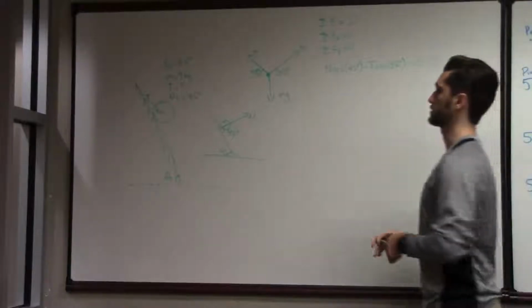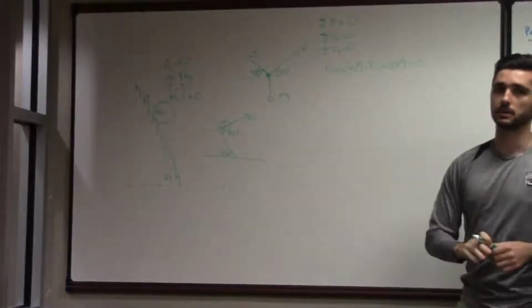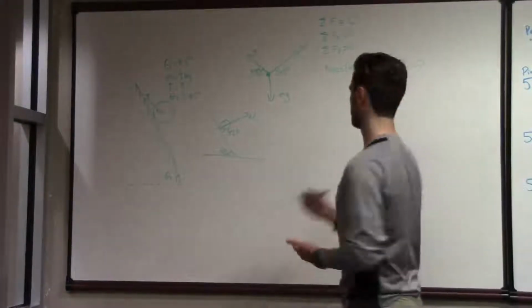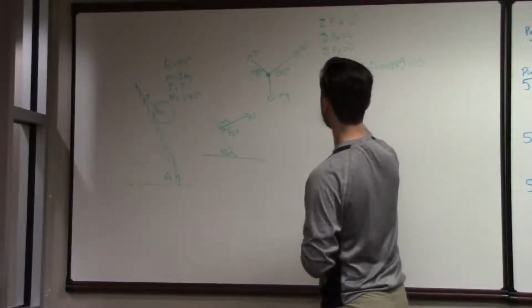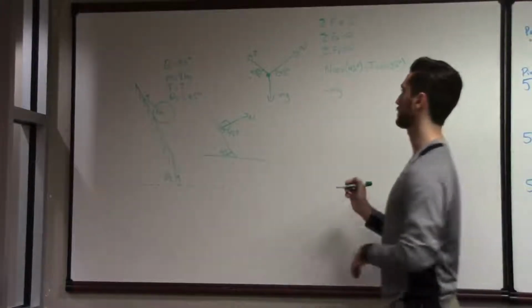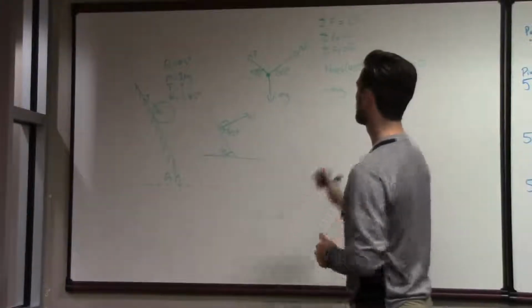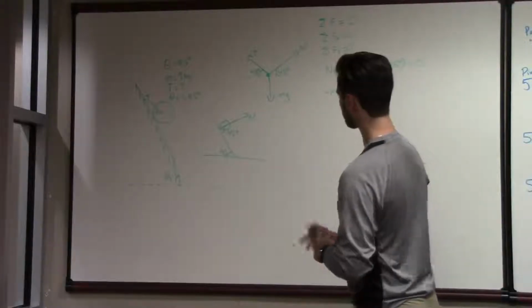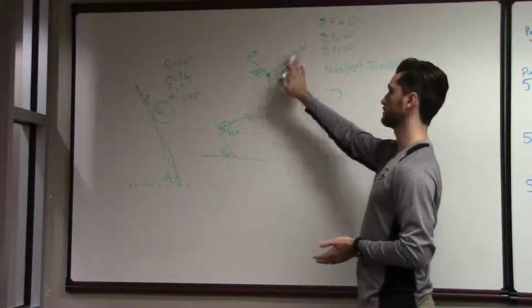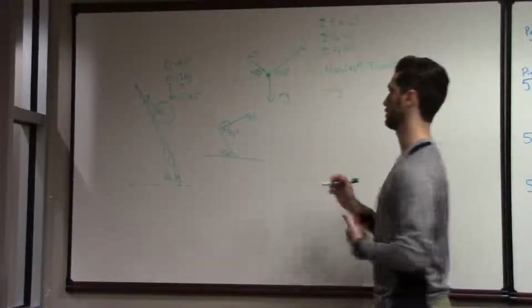Now for the y direction. So gravity pops out. It's only in the y direction. We'll write this down. It's in the negative direction because we defined up to be positive. So I'll write down negative mg. We don't have to decompose anything with it because it is completely in the y direction. Now for the normal force, how do we decompose that into the y direction? Well, we can use trig again, and we can say that the sine of 45 times the normal force will give us its y component.